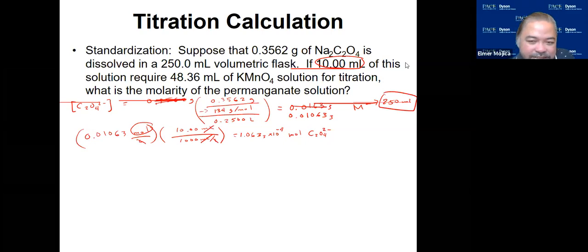Because what we're looking at is the stoichiometric ratio of the moles of the analyte and the titrant. So I want to get the moles of the oxalate because from this I can get the moles of the permanganate.